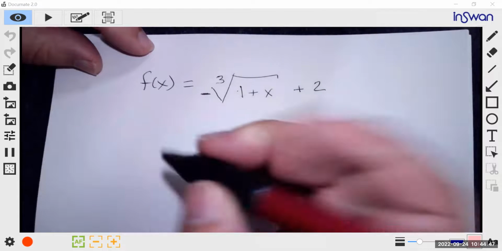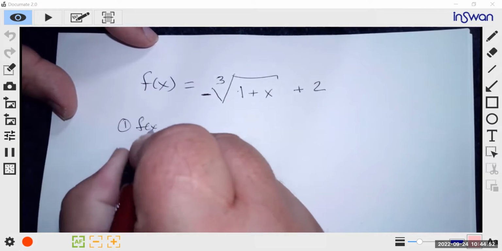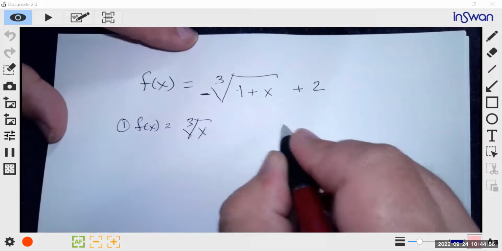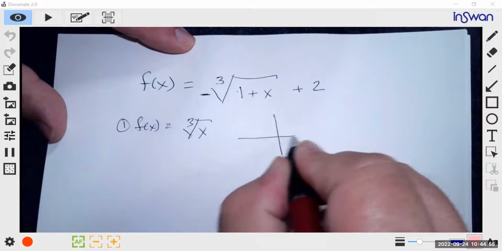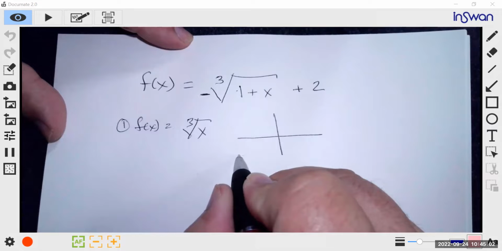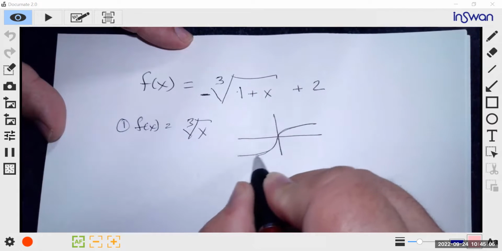Rational? Radical. Radical. Yeah, rational is fraction. So yes, it's a cube root of x. What does cube root of x look like? That's like a snaky S.